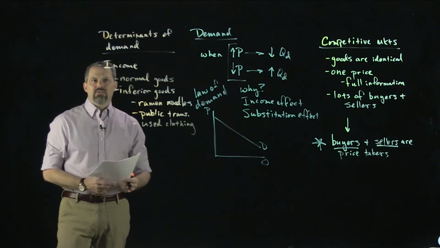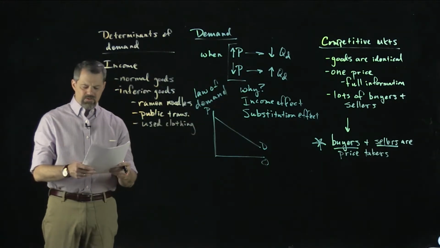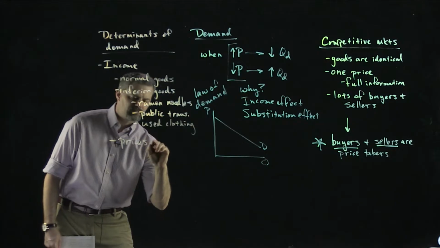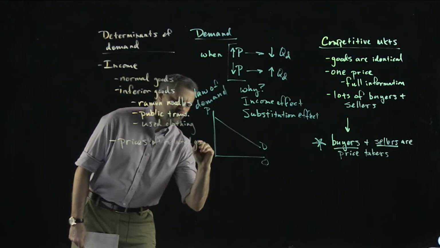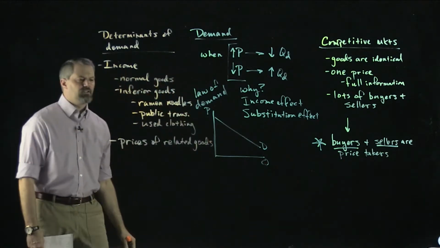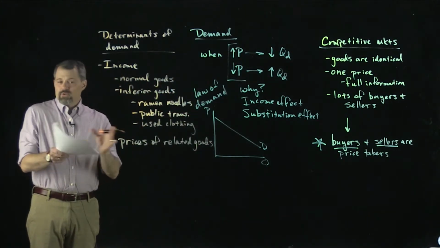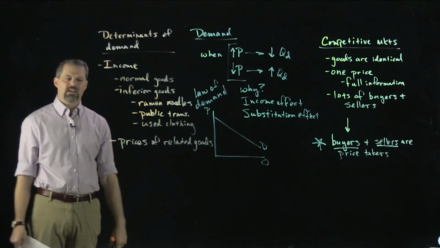So income is one of the most important determinants of demand. Another one that we need to think about is prices of related goods. If you think about any good or service, there are going to be other goods or services that are related to that good.